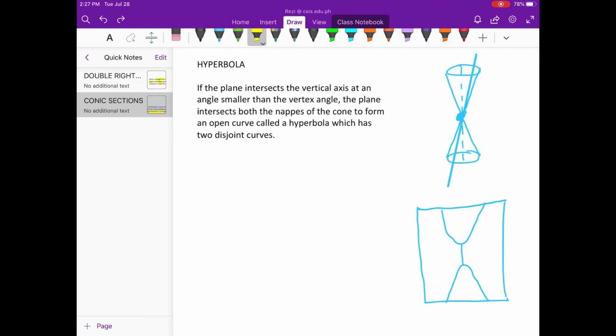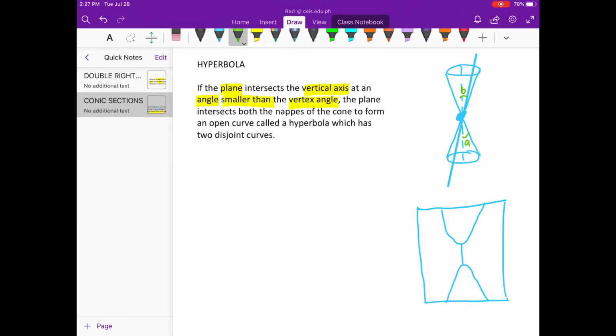So let's highlight this plane and vertical axis. If the plane and vertical axis intersect, an angle will be formed. For example, here, let's call this angle B. It should be smaller than the vertex angle, and the vertex angle is here.